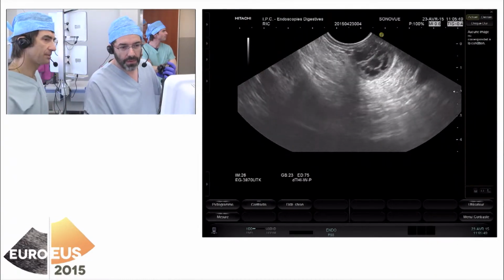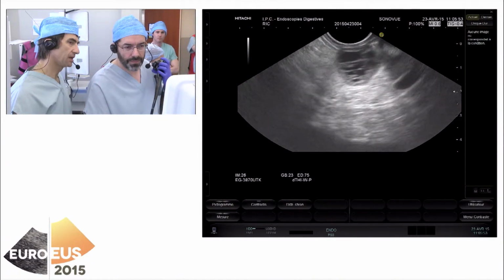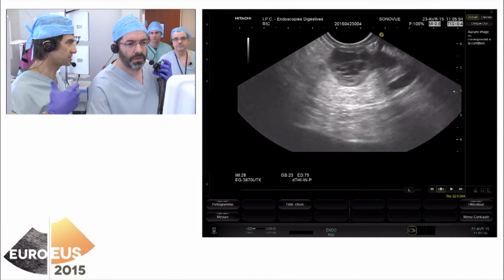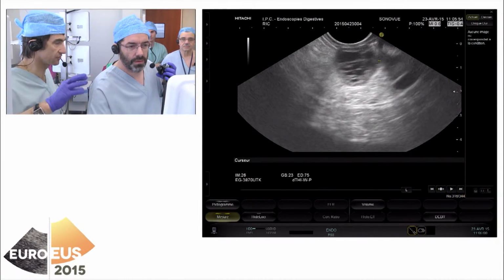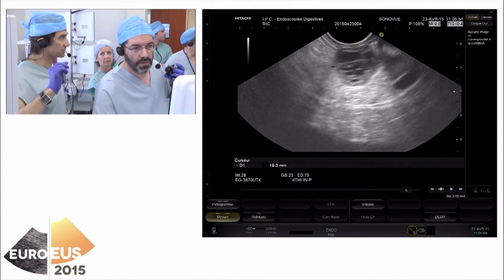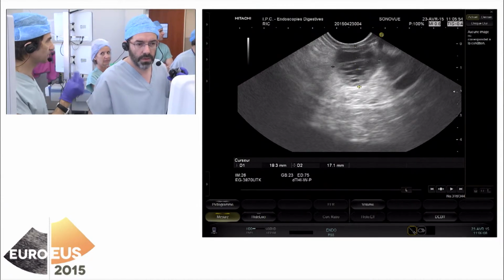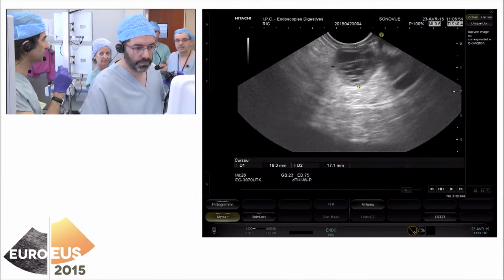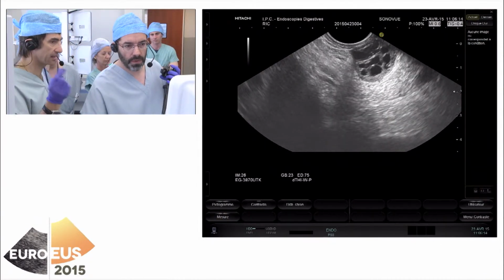In this case, probably the most sensitive technique could be MRI, MRCP with secretin injection, just to detect communication of the lesion with the pancreatic duct, particularly when the pancreatic duct is very small, like in this case.